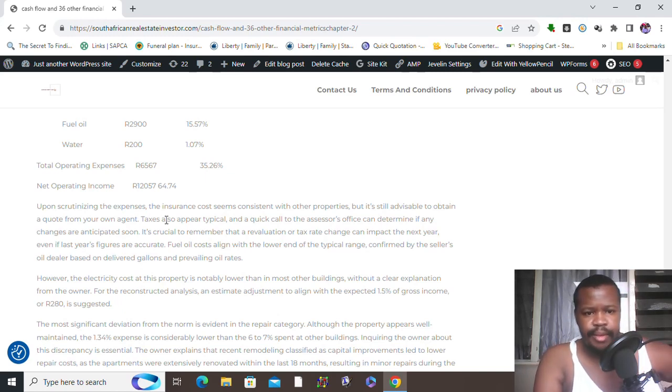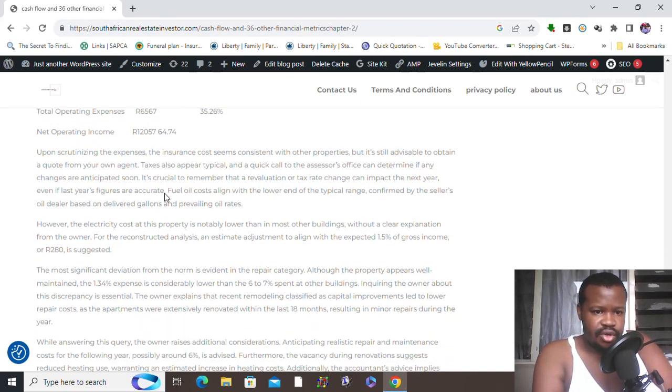It's crucial to remember that a revaluation or tax rate change can impact the next year. Even if last year's figures are accurate, fuel oil costs align with the lower end of the typical range, confirmed by the seller's oil dealer based on deliverable gallons or liters and prevailing oil rates.